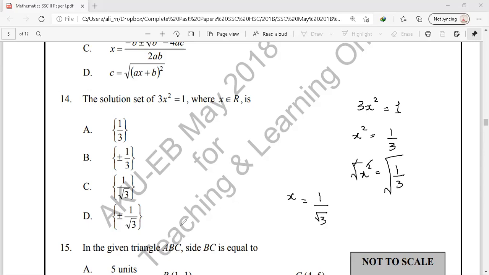In question number 14, we have the correct answer with a plus minus sign. So the values of x are 1 over root 3 and minus 1 over root 3. So the correct option in question number 14 is option D, plus 1 over root 3 and minus 1 over root 3.